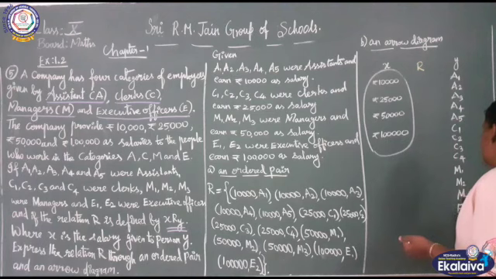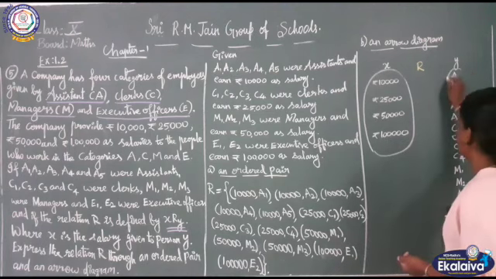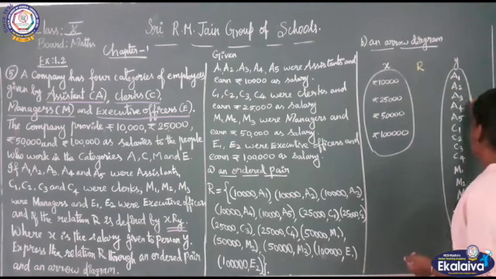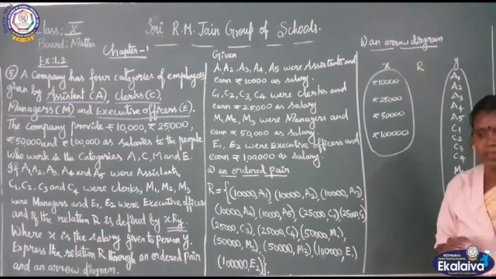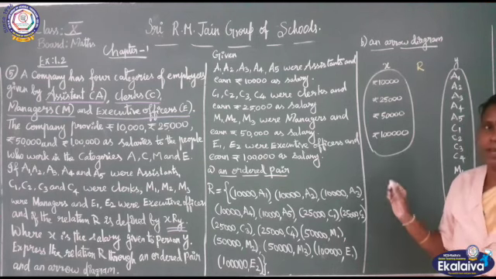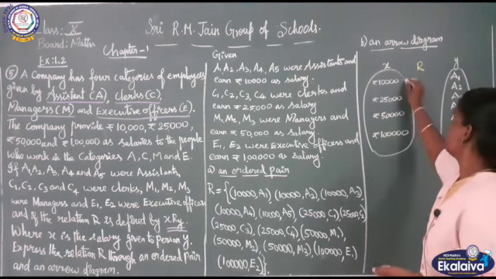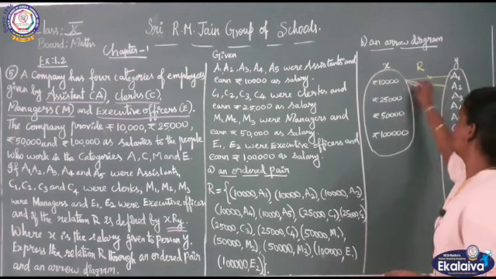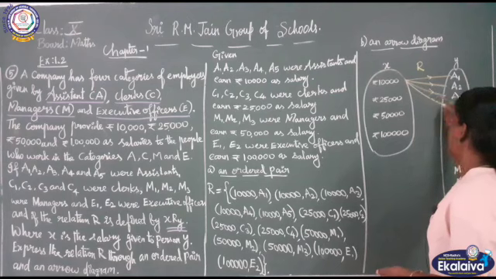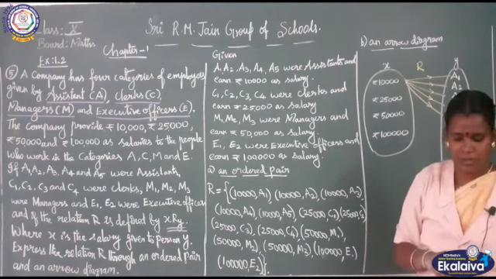Then 2 executive officers, E1, E2, which are the persons. Are you clear, children? How do I mark the arrow diagram? Then I proceed with the marking. 10,000 received by A1, A2, A3, A4, and A5. Are you clear, children?